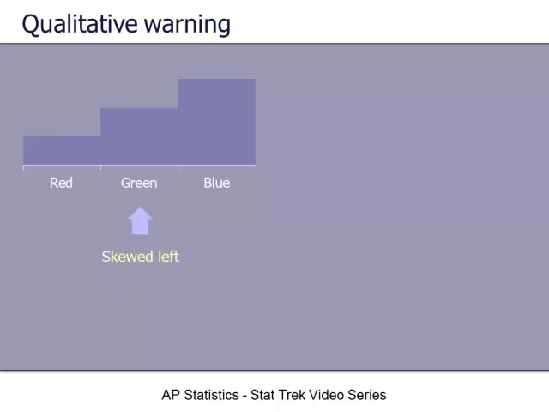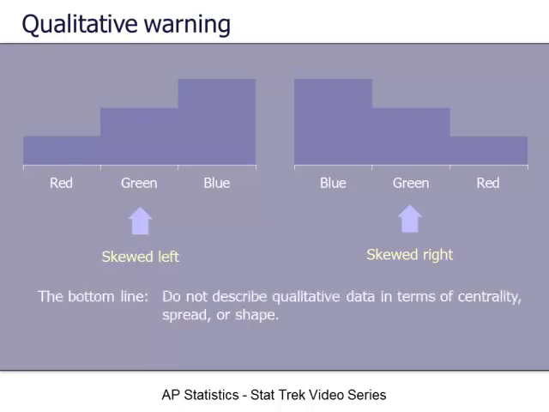However, using the same data and the same qualitative labels, you could produce this chart, which looks like the data set is skewed right. The problem is that qualitative labels, like red, green, and blue, do not have an inherent order. So attributes that rely on order, like symmetry and skewness, are not meaningful with qualitative data. These attributes should only be used with quantitative data.